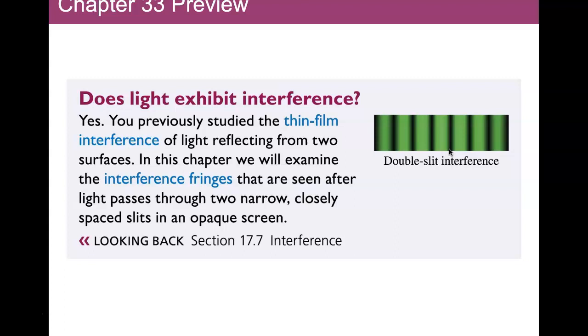And of course, if you put a screen somewhere and detect the intensity of light, that can give rise to these dark spots and bright spots. So we'll explore the mathematics of interference a bit more. We'll talk about certain limits where the relationships simplify quite a bit, like when the screen is really far away, for example.